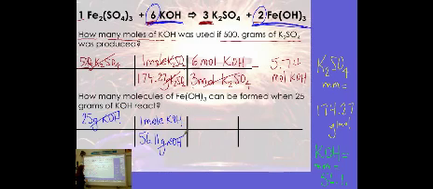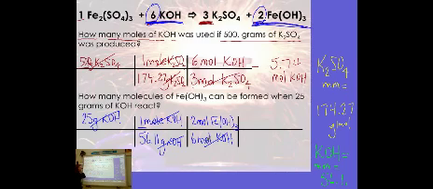Grams of KOH cancel. Now I'm in moles. Now what can I do? I can jump. Mole ratio, 6 to 2. There are 6 moles of KOH for 2 moles of FeOH3. Moles of KOH cancel.